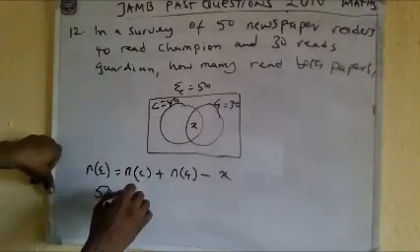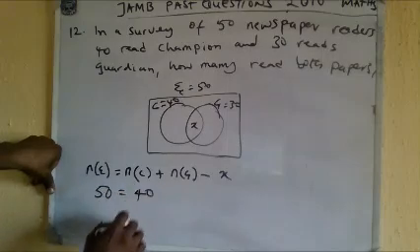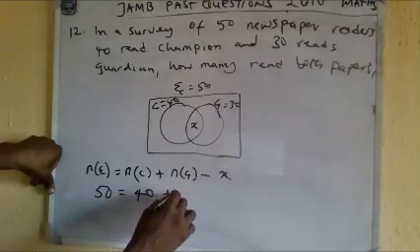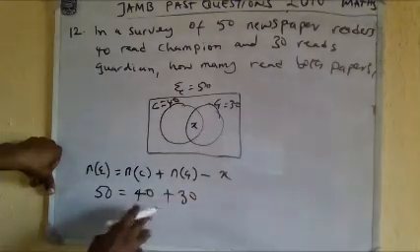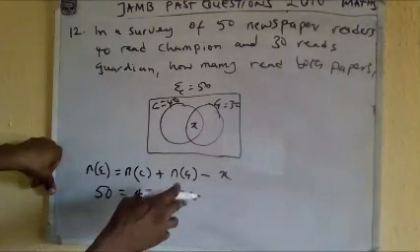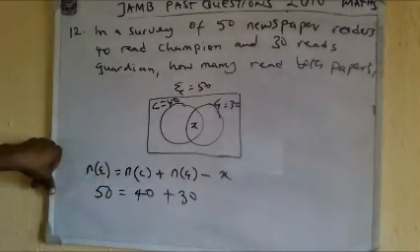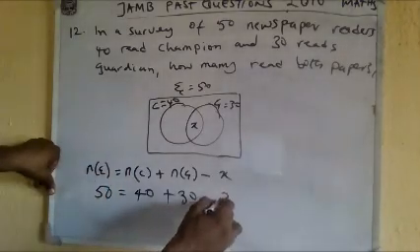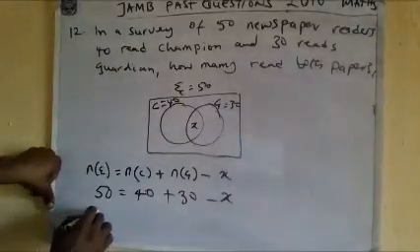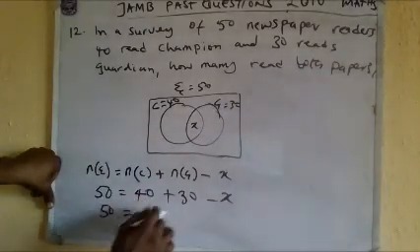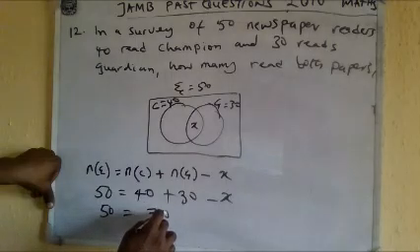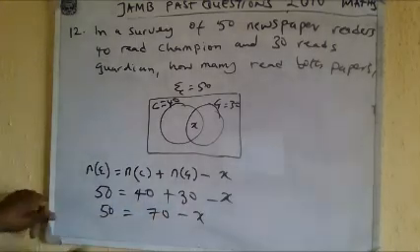Some people read Champion, 40, and some read Guardian, 30, so it's possible that some will read both. That's what we're looking for, X. So 50 is equal to 40 plus 30, 70, minus X. So we can look for X.